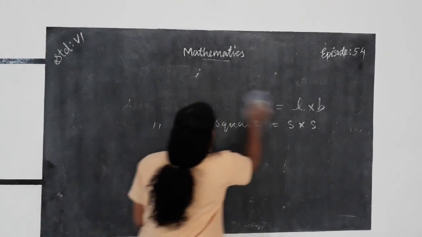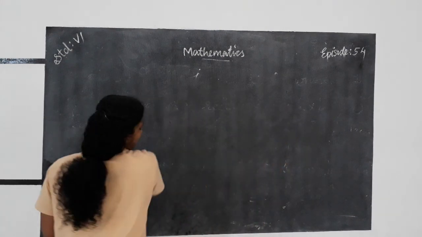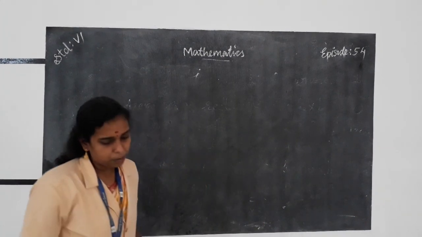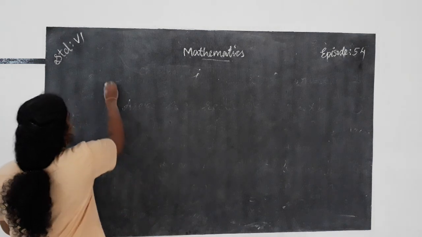Then it's about a question. Find the area of a square plot of side 8 meter.